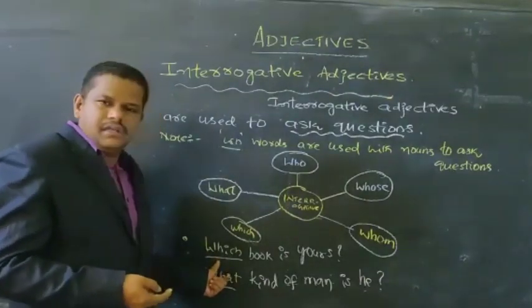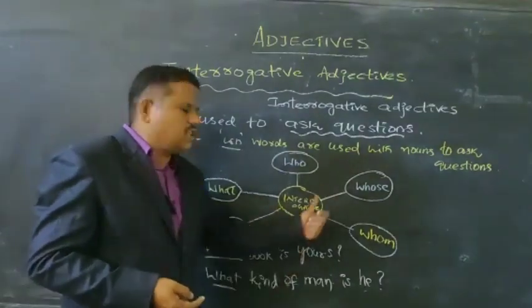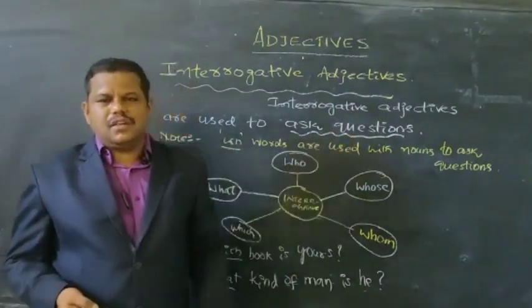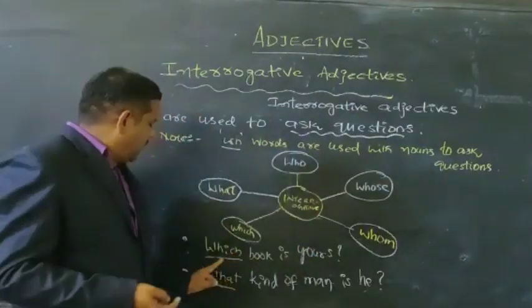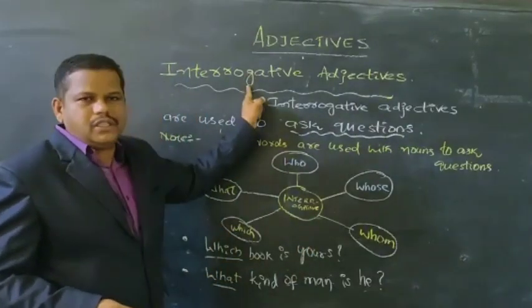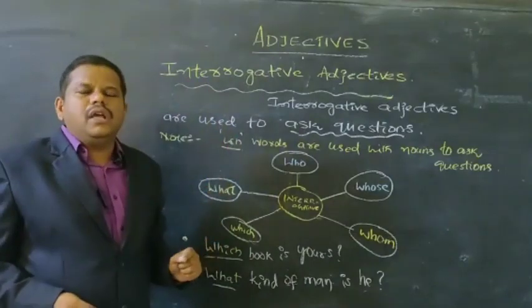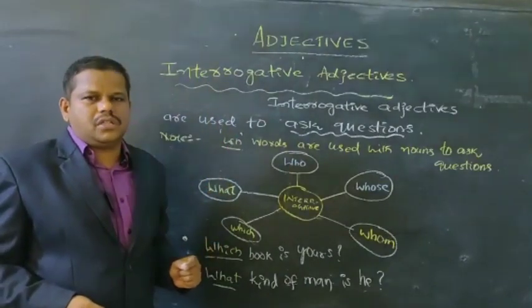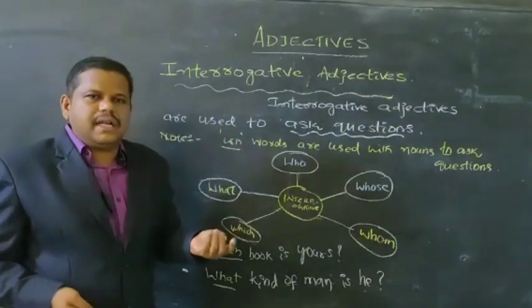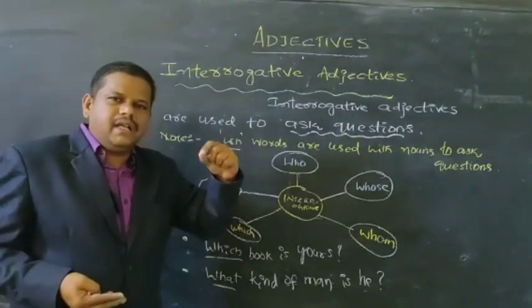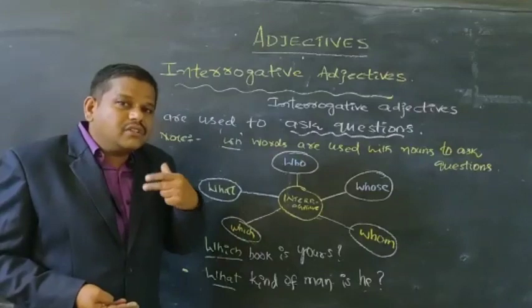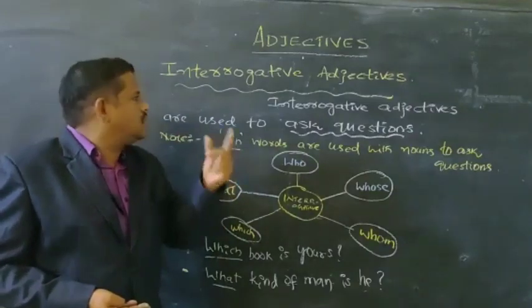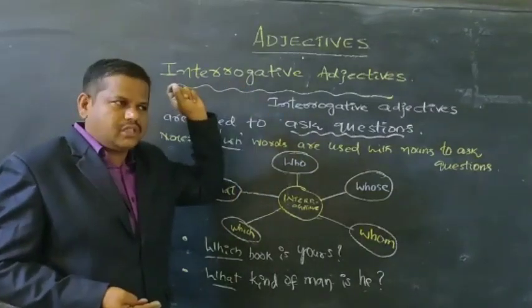See here, one example: which book is yours? Here, which is an interrogative adjective. In general we are asking a question, which book is yours? There is a group of books, and in that we are asking which book it is. When you use such sentences, which is your interrogative adjective.